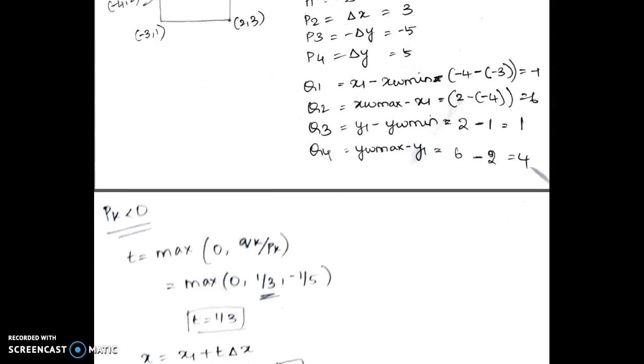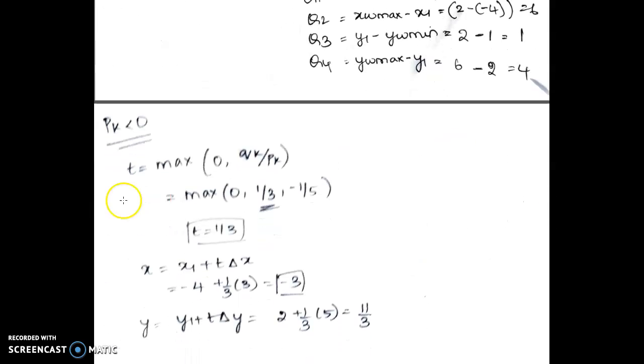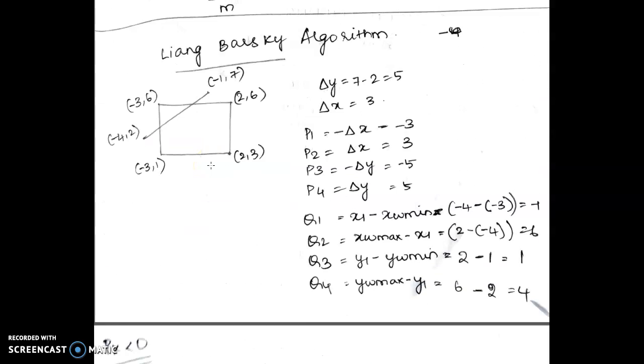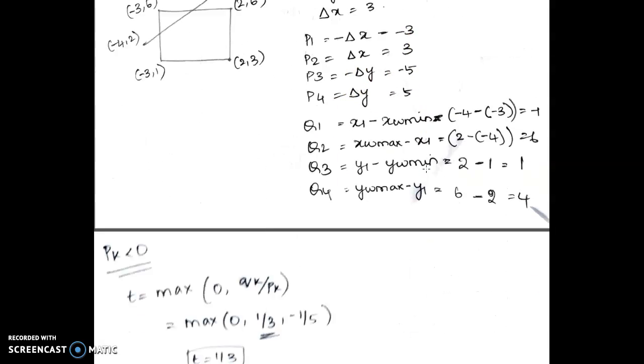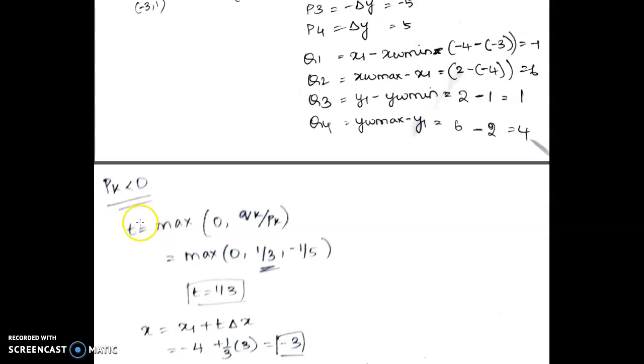We find which of the p values are lesser than 0. If you see in this, p1 is lesser than 0 and p3 is lesser than 0. So we take t, a variable, equal to the maximum of 0 and qk by pk. We saw that when k equals 1 and k equals 3, the p value is less than 0.